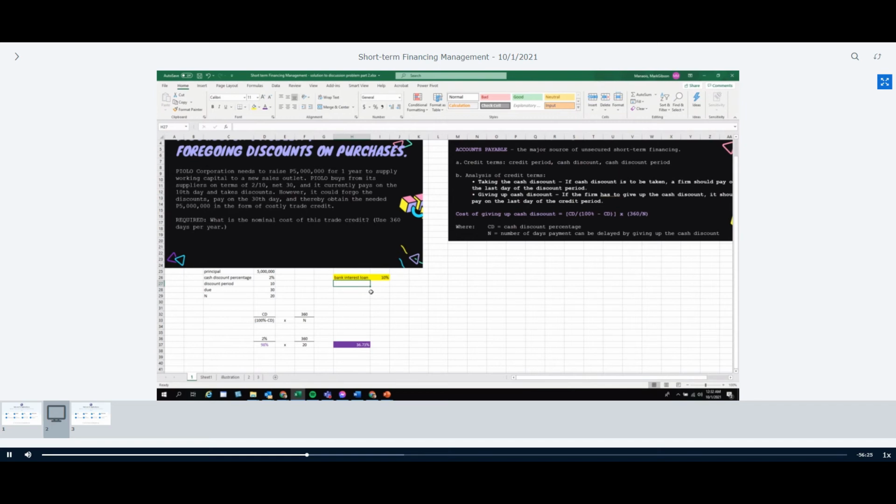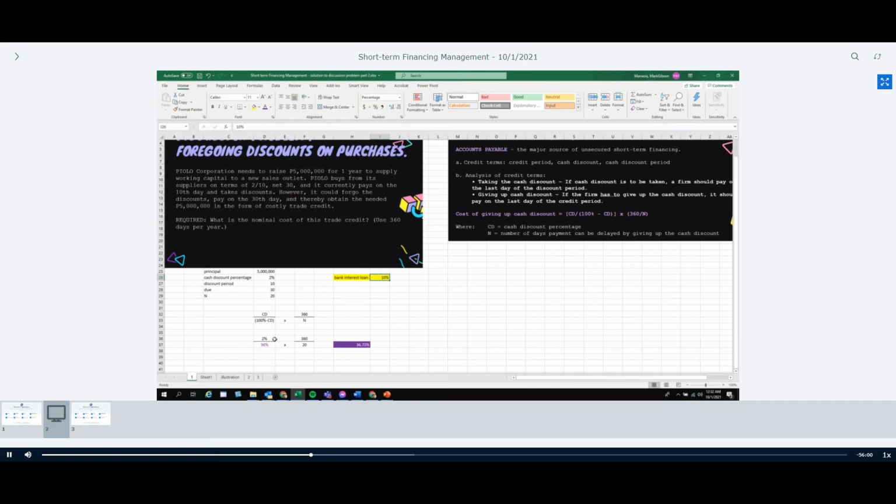For short-term loan, no? Which is 10%. So, sinasabi natin, instead of not paying on the 10th day and use the money to finance the working capital for a new sales outlet, might as well go to the bank and loan for 5 million.